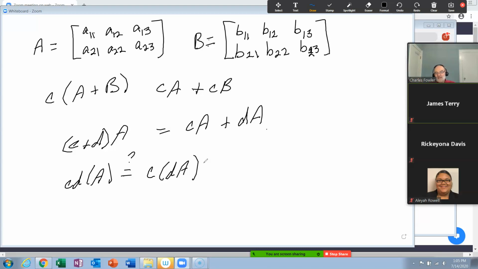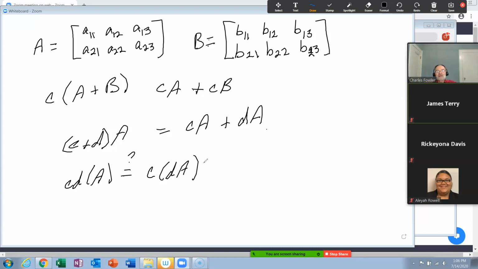First element CDA11, second element CDA12, next element CDA13, second row, CDA21, CDA22, CDA23.